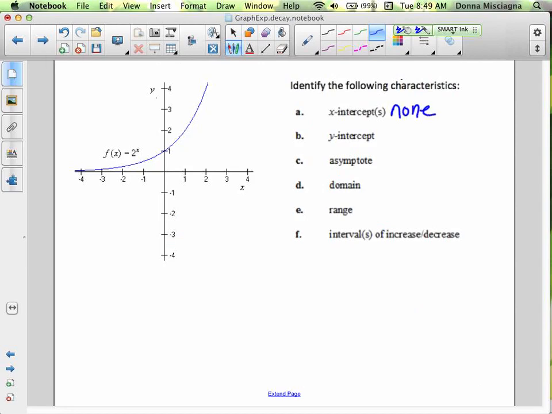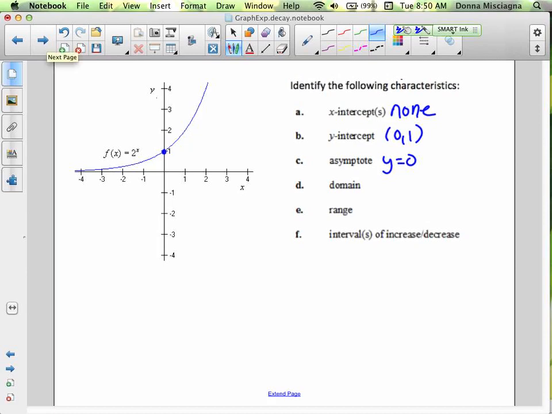It's not going to cross the x-axis, so it doesn't have an x-intercept. How about the y-intercept? It is 1 right there. So 0, 1. How about the asymptote? In this case, it only has a horizontal asymptote. Horizontal asymptote at 0. Yep, y equals 0.